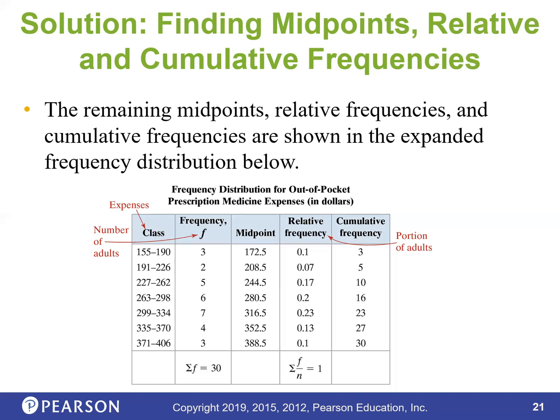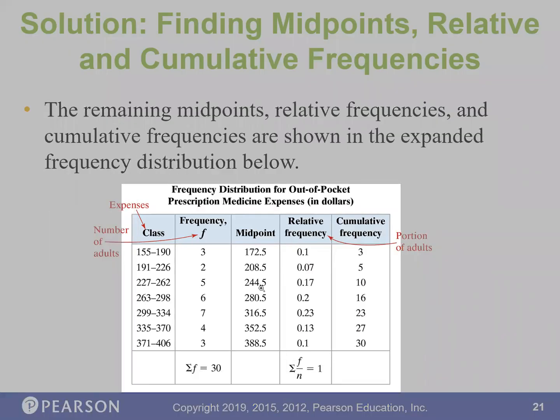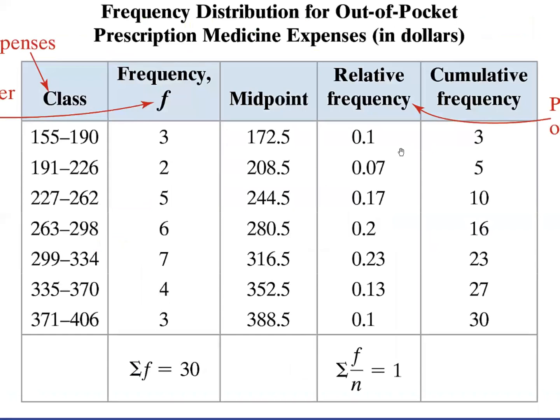Oh, yeah, that's awesome. Okay, cool, highest frequency of the year. So that's people that spend about $299 to $334, right? What percent of the people spend that much?